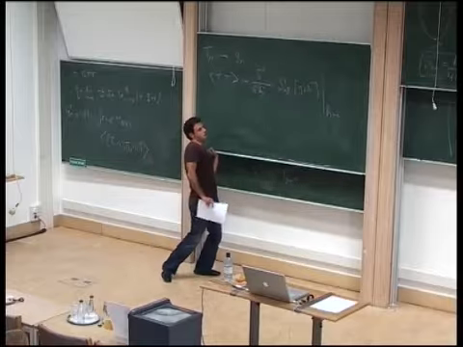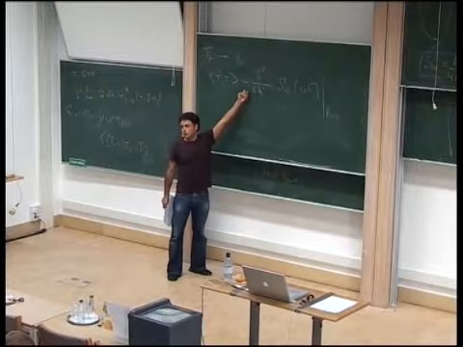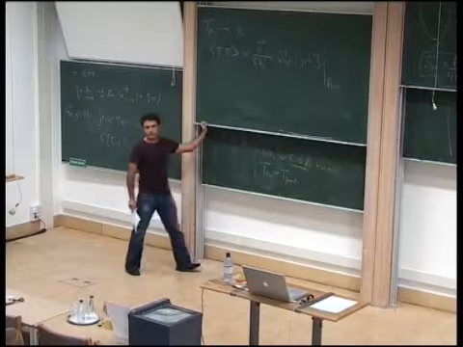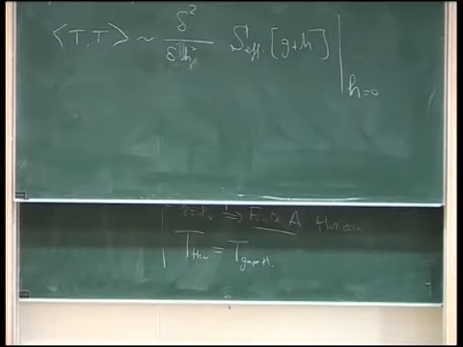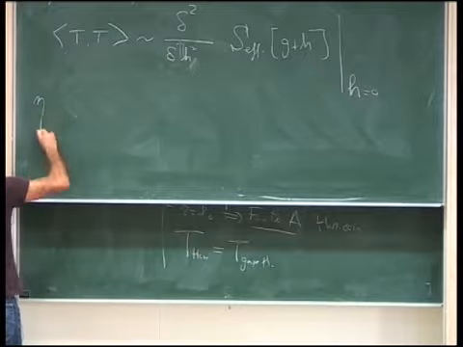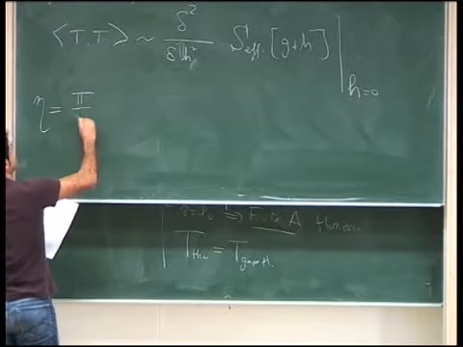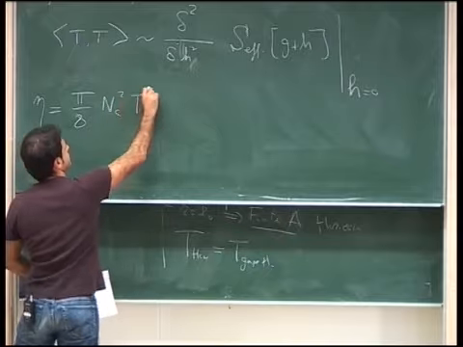Okay, so the result, you can find this calculation in papers in the literature, but it's a little bit too technical to do it here. But the result you get is very simple. You get that from this correlator, you plug it in this formula, and you get the viscosity. And the result you get is that eta is pi divided by 8 times N_c squared T cubed.